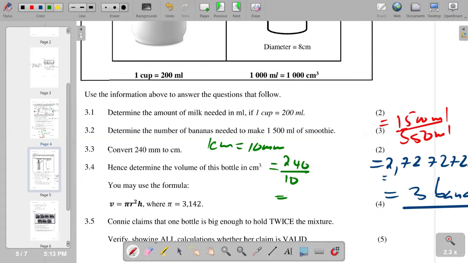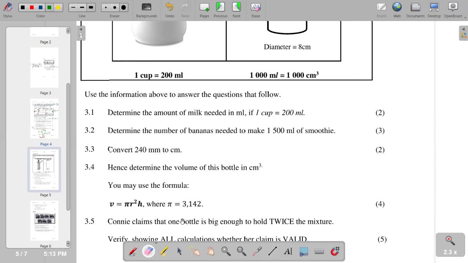So we divide, and the answer that we are going to get is 24 centimeters, and this becomes the last part that we have in terms of our question at 3.3.